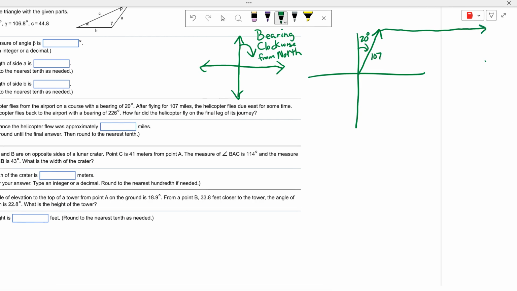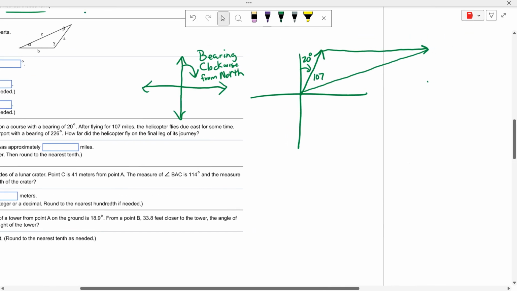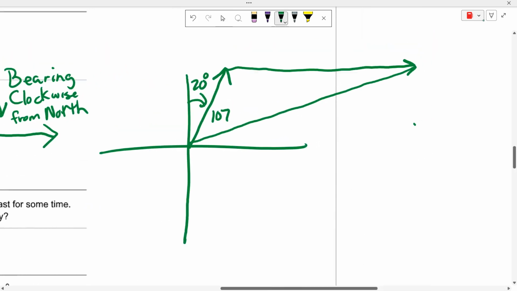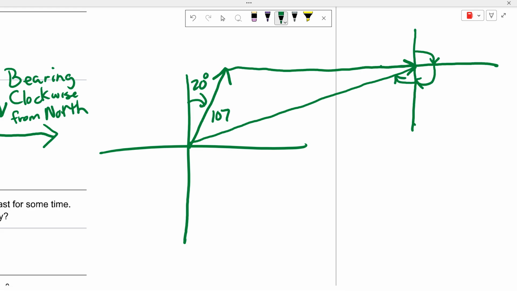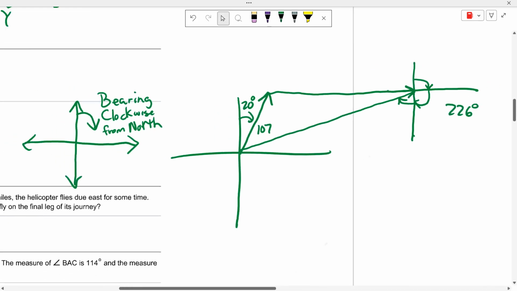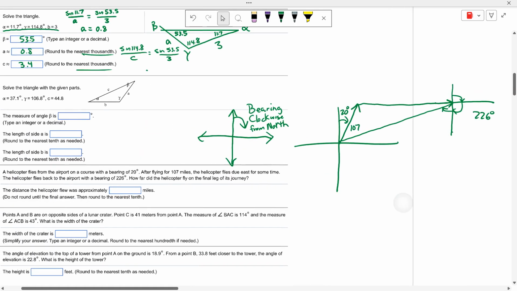Then it turns 226 degrees and flies back to the airport. What's 226 degrees? Well, there's 90 degrees. Here's 180 degrees. So here's 226. So it goes 226 degrees clockwise from north. That is bearing.